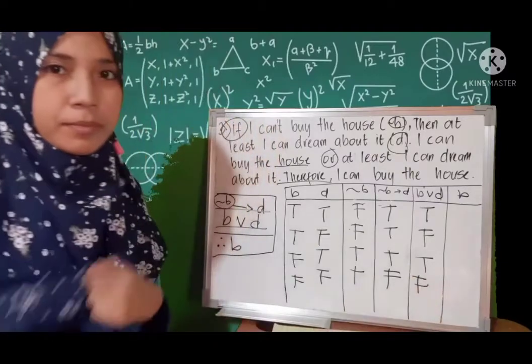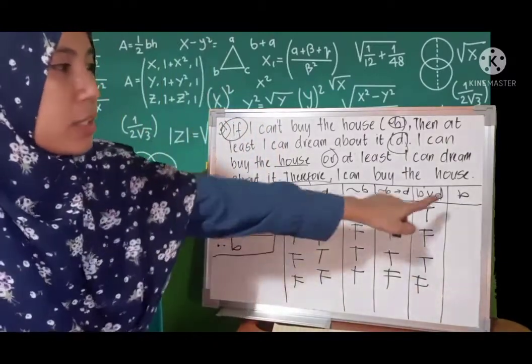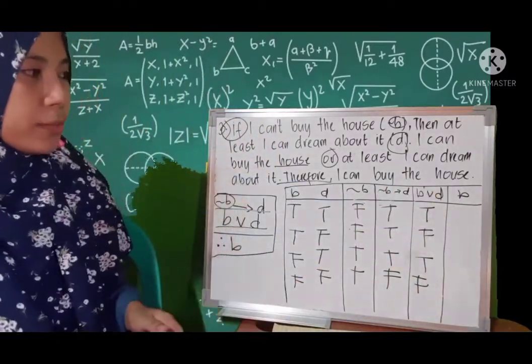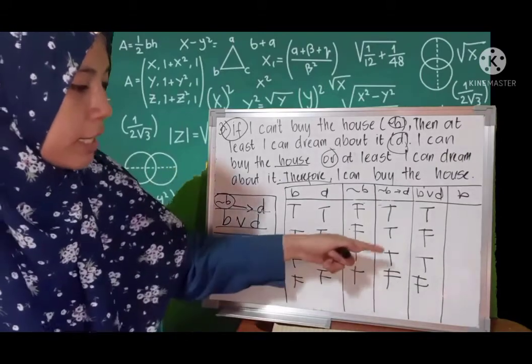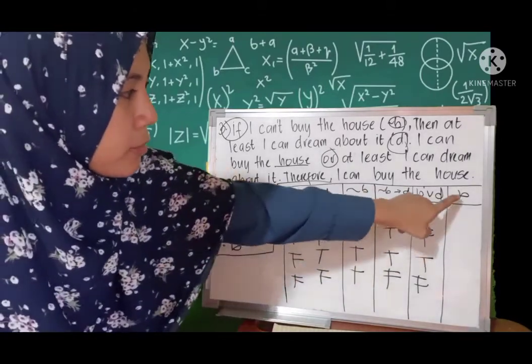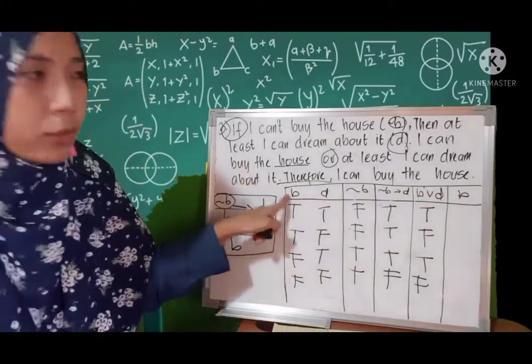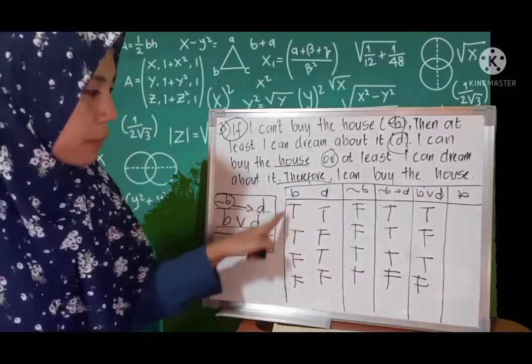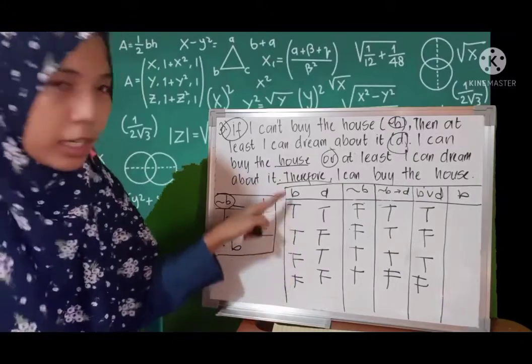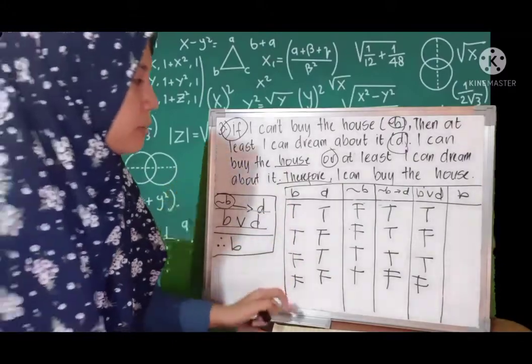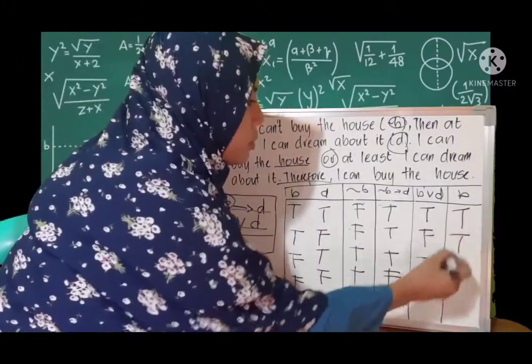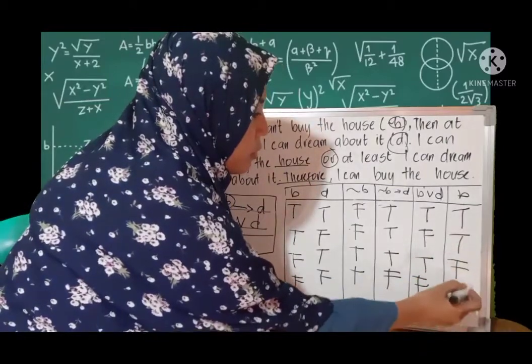False. So, ganyan lang. So, sa conclusion, ang conclusion natin ay letter B. So, meron na tayong sagot dito sa conclusion. So, copy lang natin yung nakalagay dito sa column na to. So, true, true, and false, false.